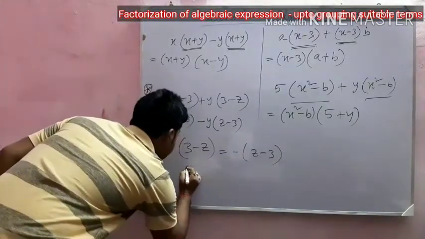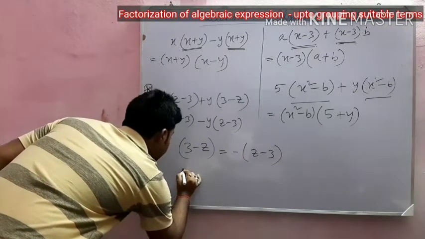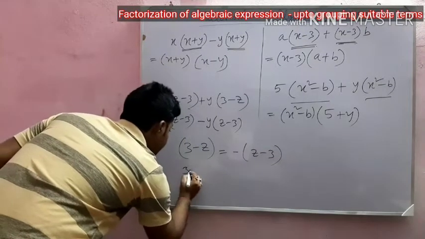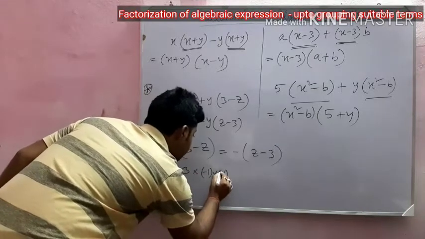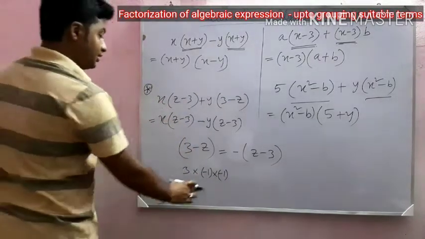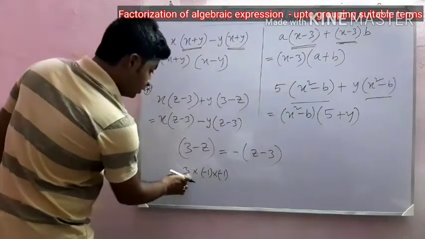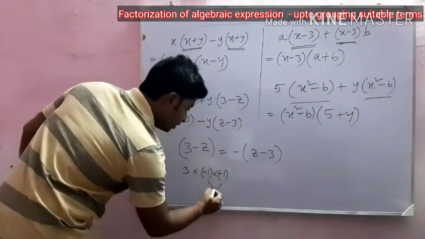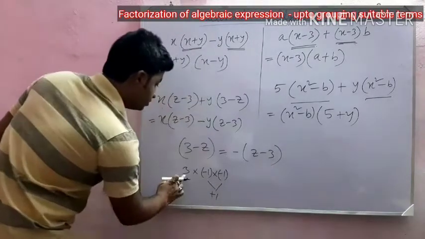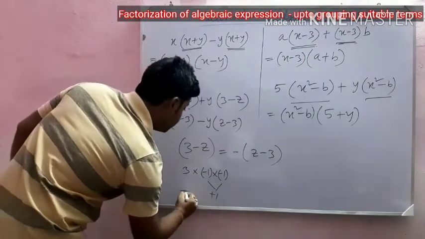See here, 3 into minus 1 into minus 1. Multiplying minus 1 into minus 1 will become plus 1. So 3 into plus 1 will become 3.